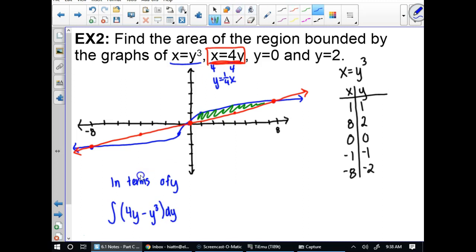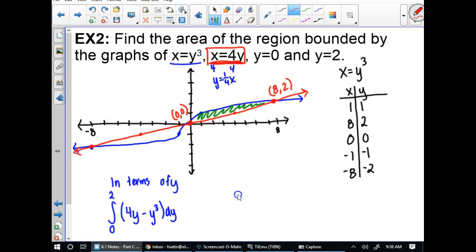What would be my limits of integration? It is not 0 to 8. It is 0 to 2, because it's got to come from your y-axis. Like this point is 0, 0, and this point is 2, 8. Oh, it would help if I gave you the right coordinates: 8, 2.